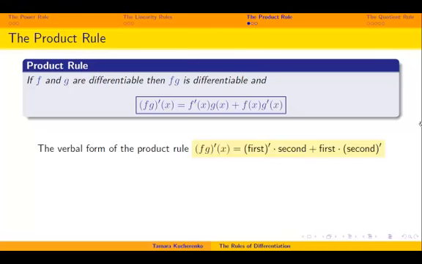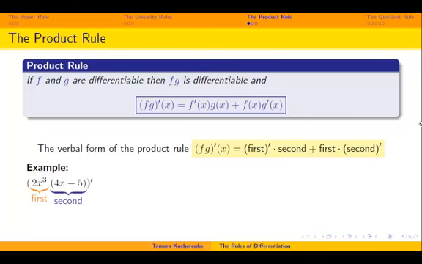It may be helpful to remember the product rule in words. f times g prime equals first prime times second plus first times second prime. For example, let's find the derivative of 2x cubed times 4x minus 5.